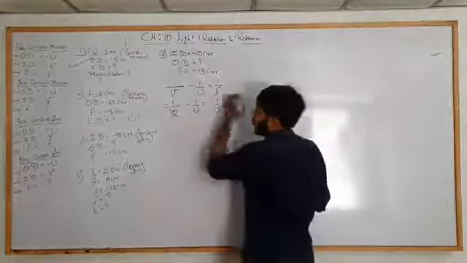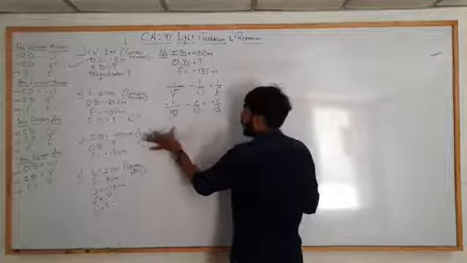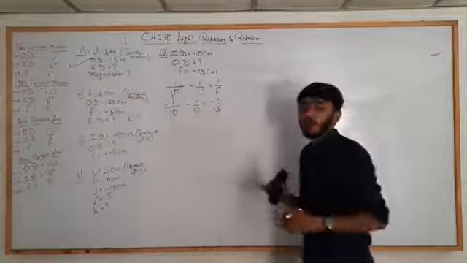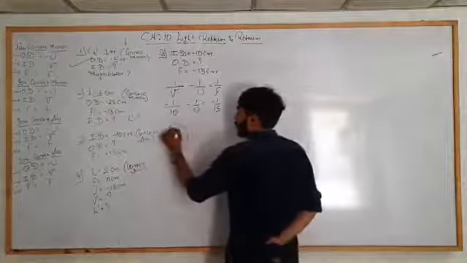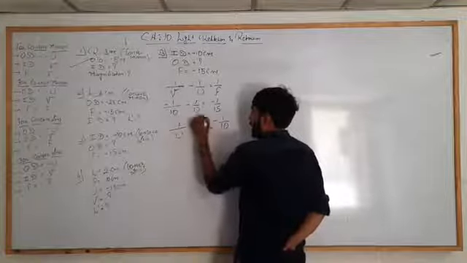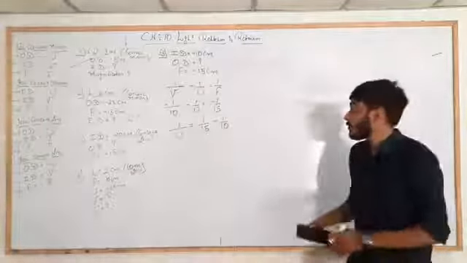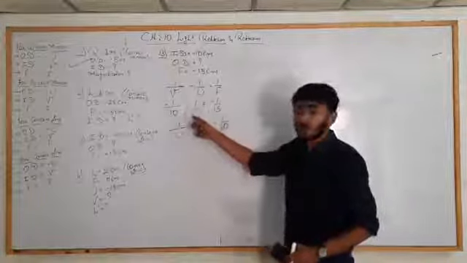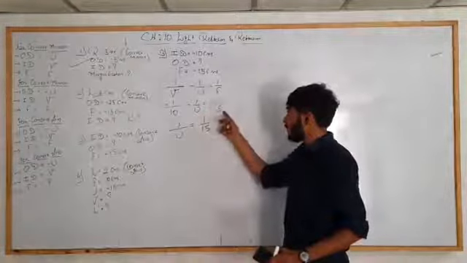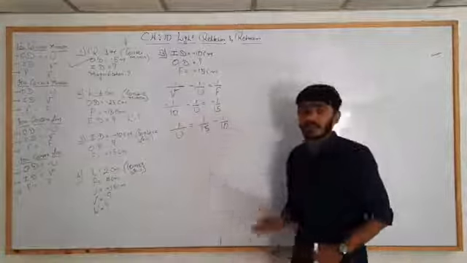We can shift these things over here. We move minus 1 upon 15 inside, and we move minus 1 upon U to this side, and so that becomes 1 upon U positive. Minus 1 upon 10 will remain as it is, but it becomes 1 upon 15. I hope you are clear with this. What I did, minus 1 upon U, I shifted over this side, and so that becomes positive. Minus 1 upon 15 I shifted inside, so that is 1 upon 15, and minus 1 upon 10 is this.